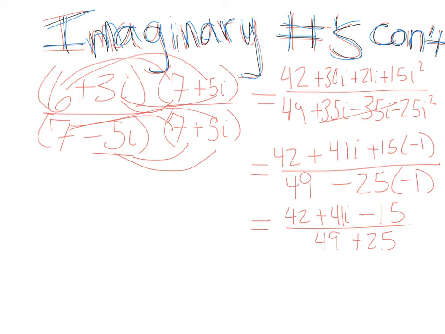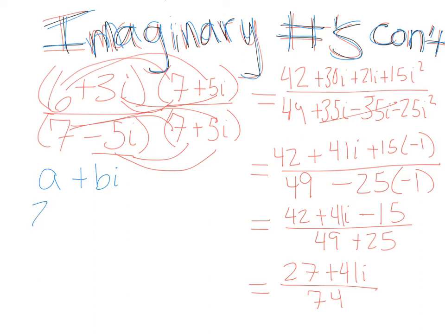So then combining like terms for a final time, 42 and negative 15 combine to give me 27 plus 41i over, and 49 plus 25 is going to give me 74. Okay, so my final step is to take this and split it so that I have a complex number. If you guys remember, a complex number is a plus bi.